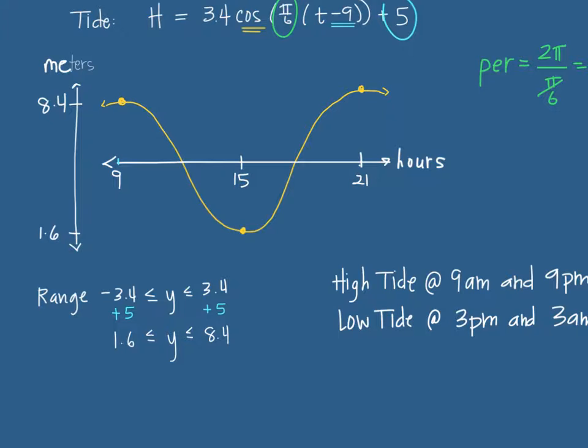I got the quantity 2 rad 1 minus x squared over rad 2 squared. Okay, that is the base, but what about the height?